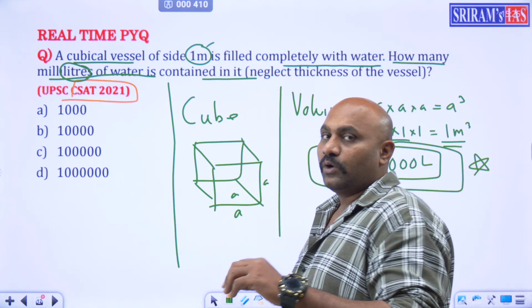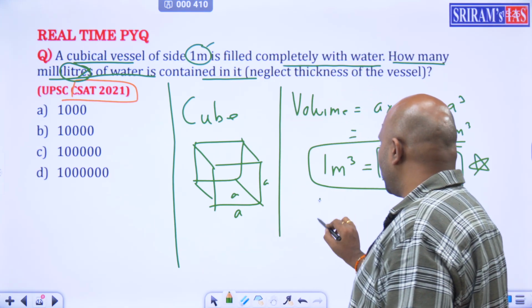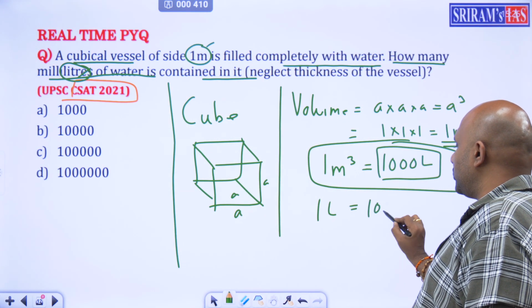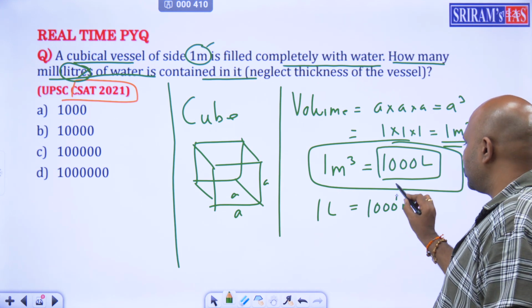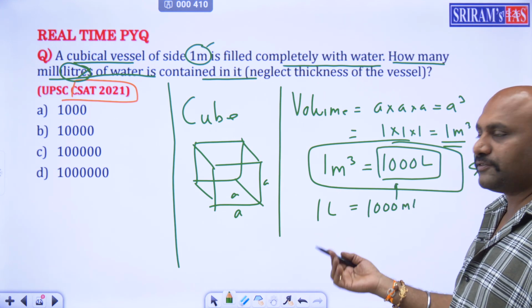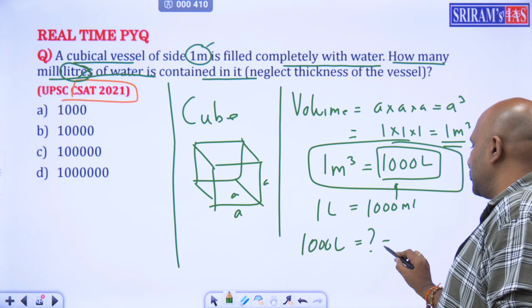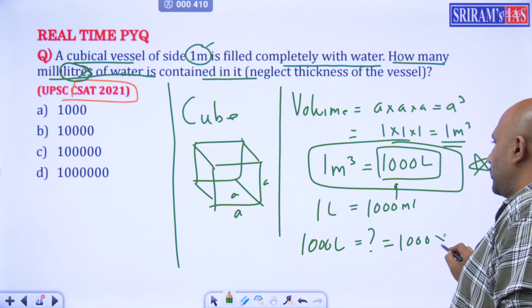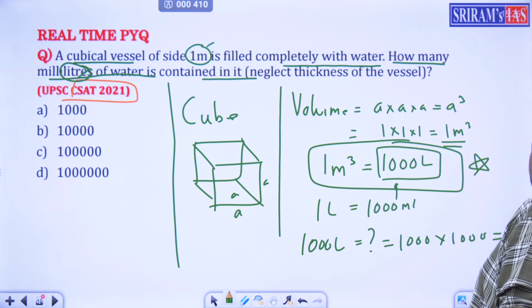But he is asking how many milliliters. So 1 liter is nothing but 1000 milliliters. Therefore, 1000 liters will consist of how much? It is nothing but 1000 into 1000, which is 10 to the power of 6 milliliters.